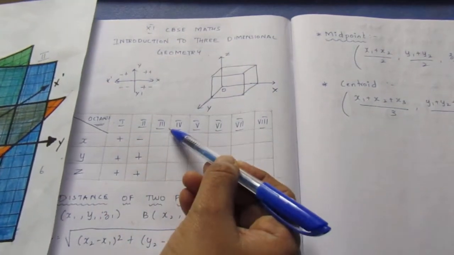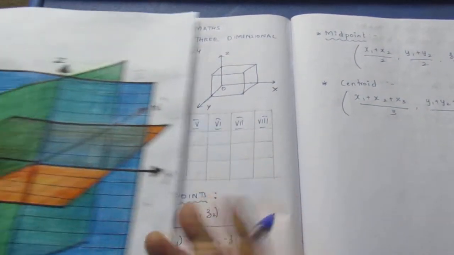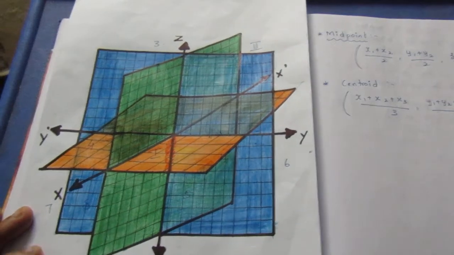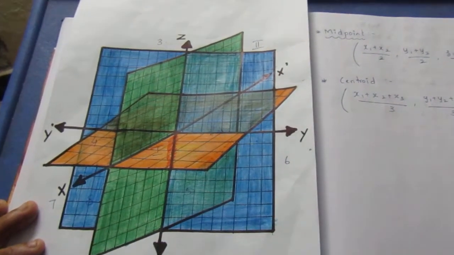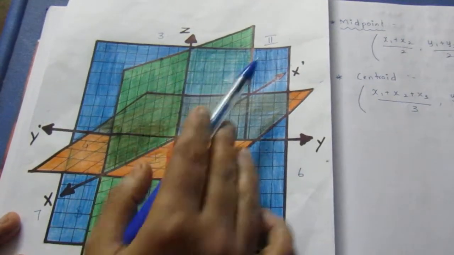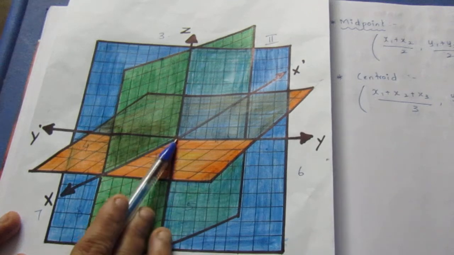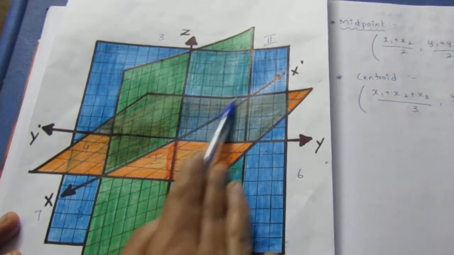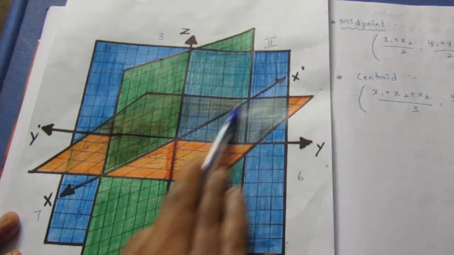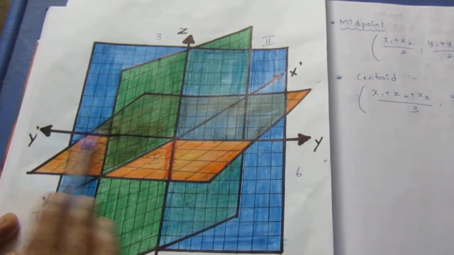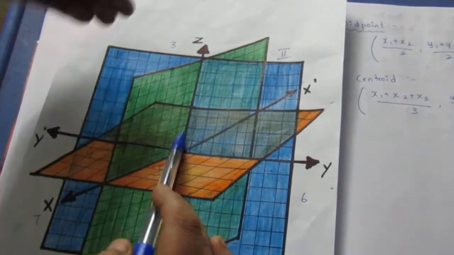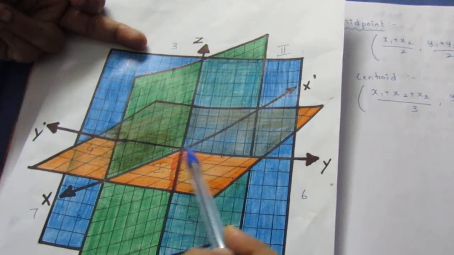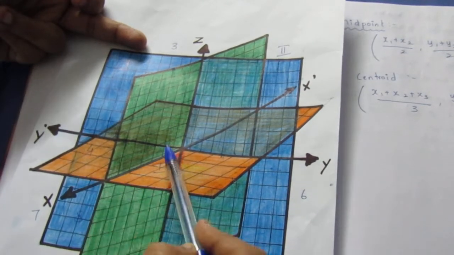We'll move on to the third octant. The backside of this will be x dash, y dash and z.